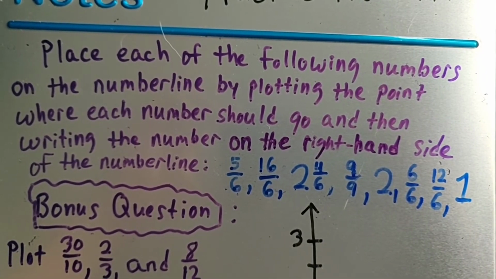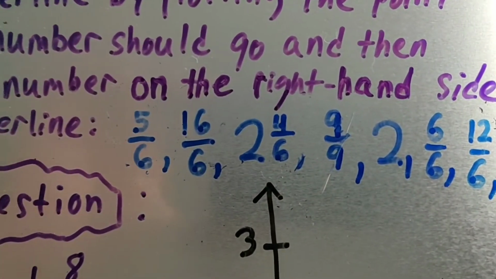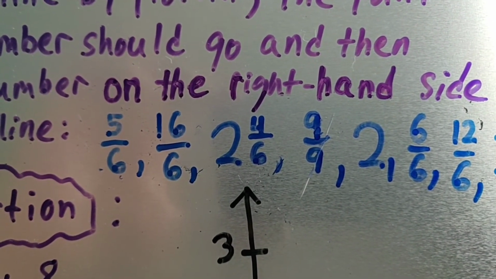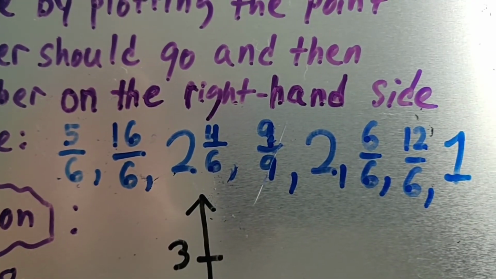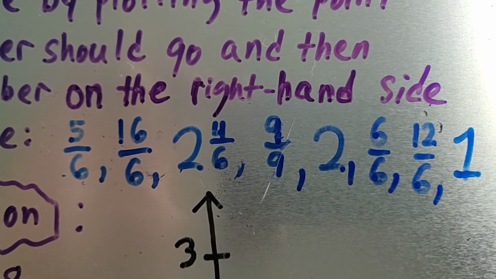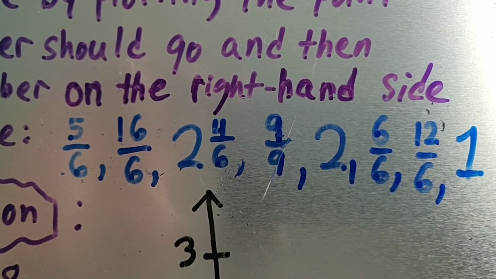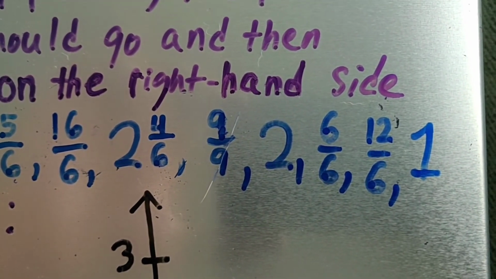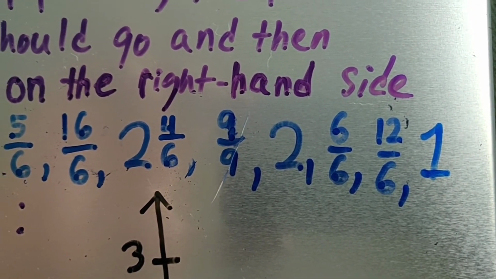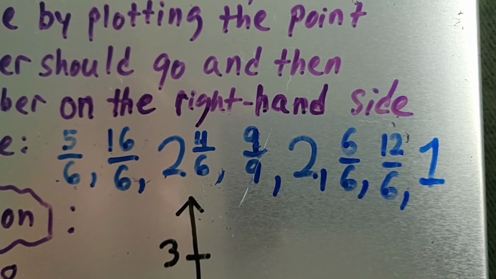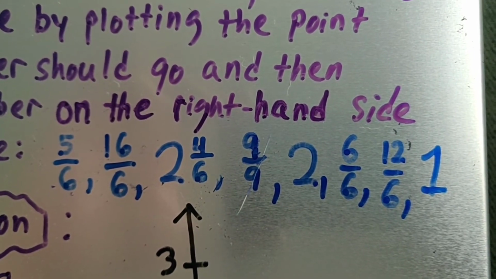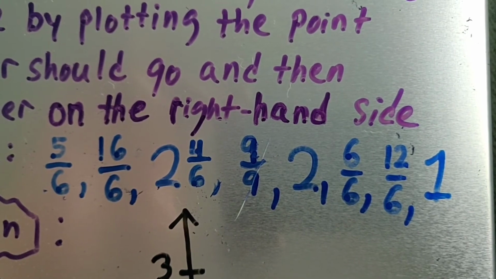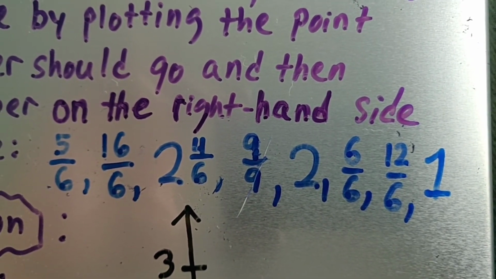And the numbers that were given are 5/6, 16/6, 2 4/6, 9/9, the whole number 2, then 6/6, 12/6, and the whole number 1. And remember, if you get more than one number next to a point on the number line, just separate it by commas, just like I have the numbers separated by commas here.